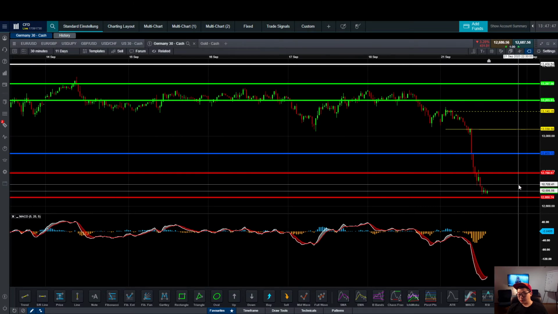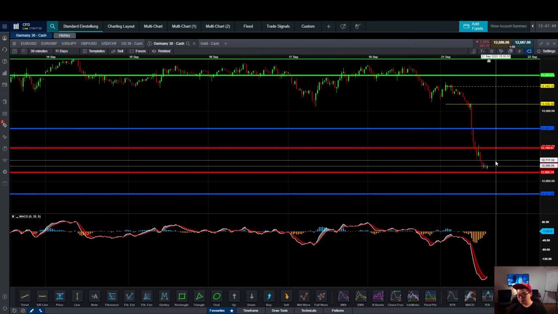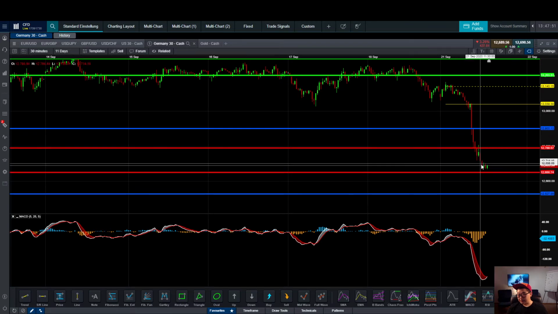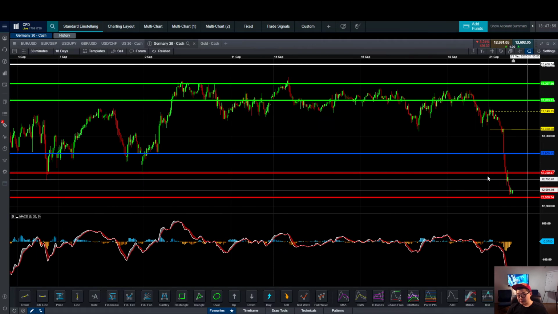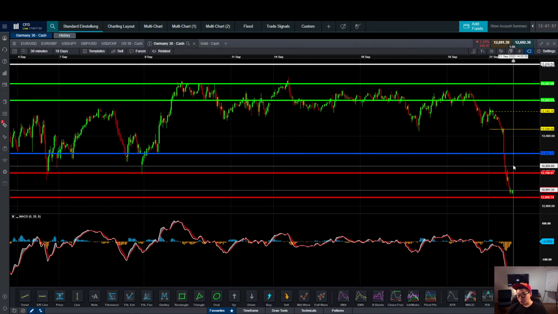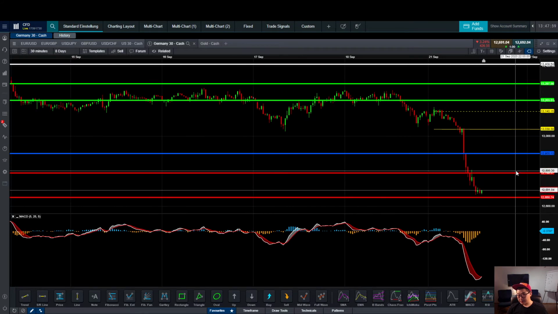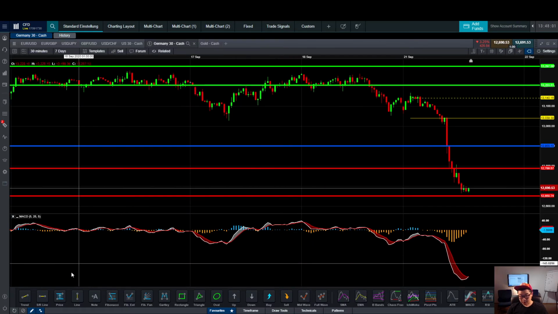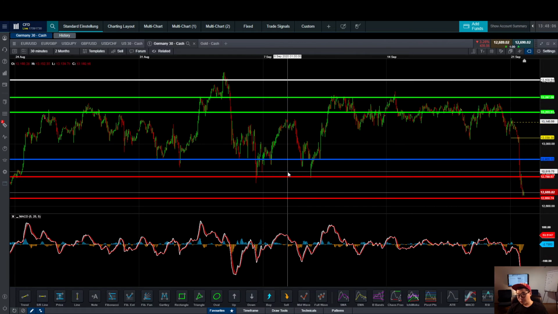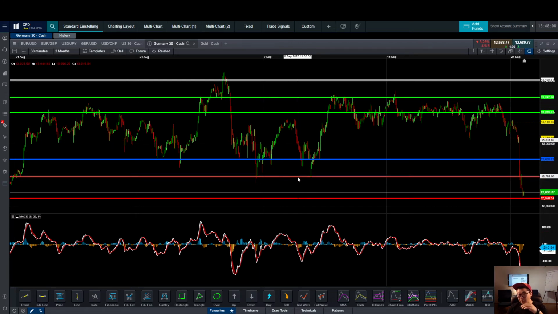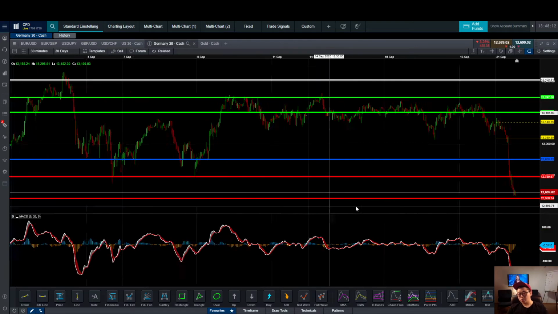So what we want to see is that this area, it hasn't shown me anything yet, but at this area it will go up a specific amount. It's in a downtrend, right? So we want to see how far it's gonna go up to come back down and make a lower low.